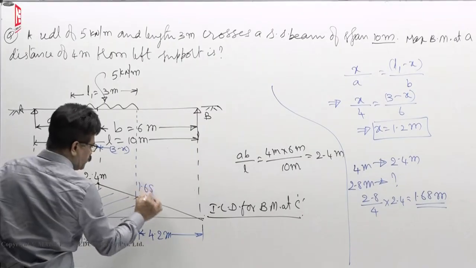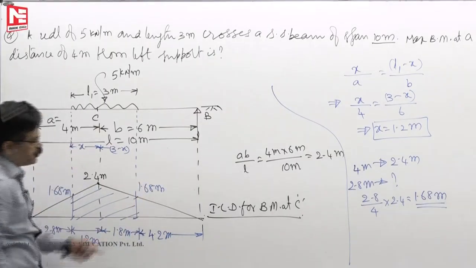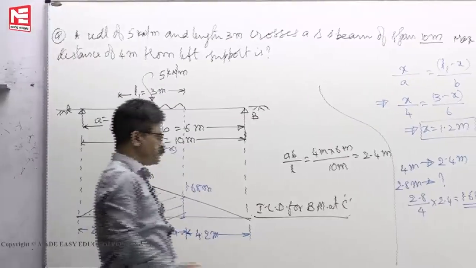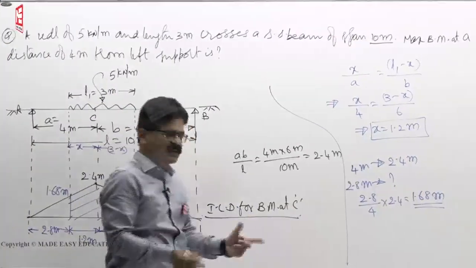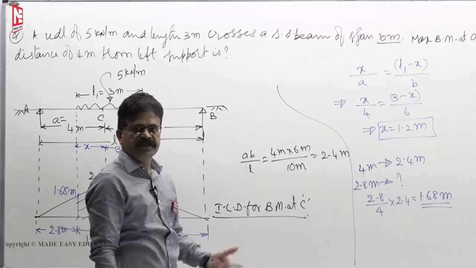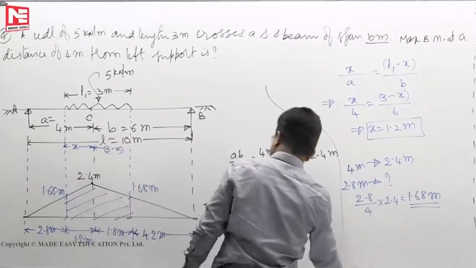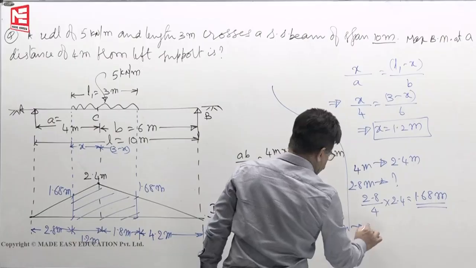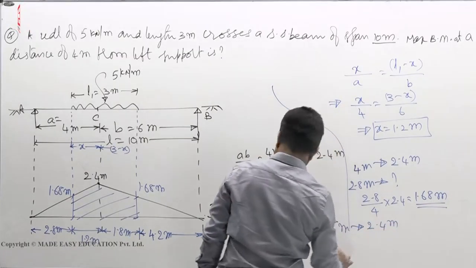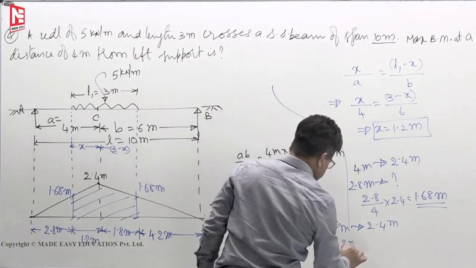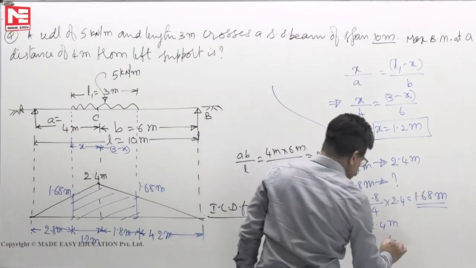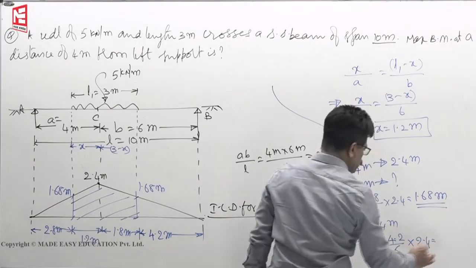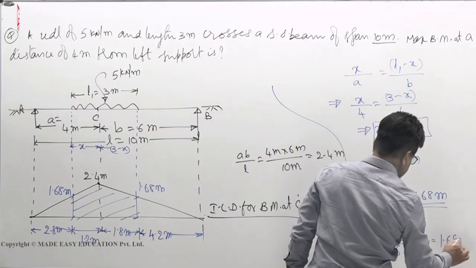This ordinate you do not have to check, directly you can write it as 1.68 meters, it has to be equal. Supposing that you get a doubt beforehand itself, here we will check it, but in the exam directly we should write it to save our time. It has to be equal. Now, on the other side, for 6 meters 2.4 meters, for 4.2 meters how much? 4.2 by 6 into 2.4, again 1.68.